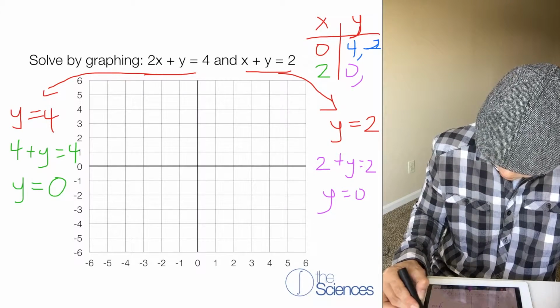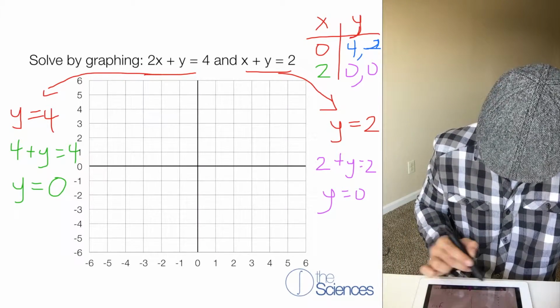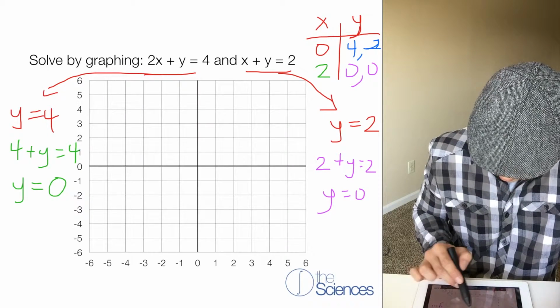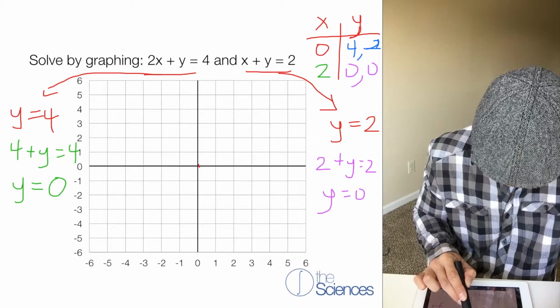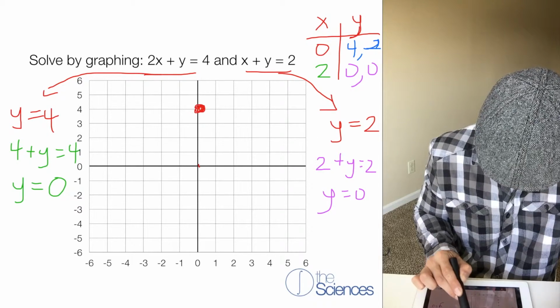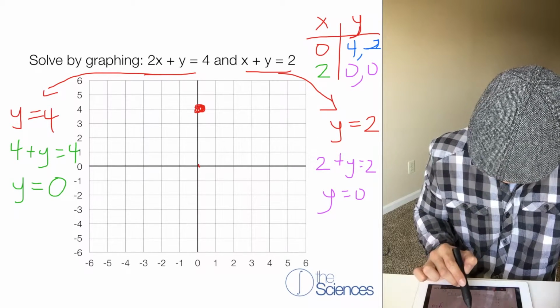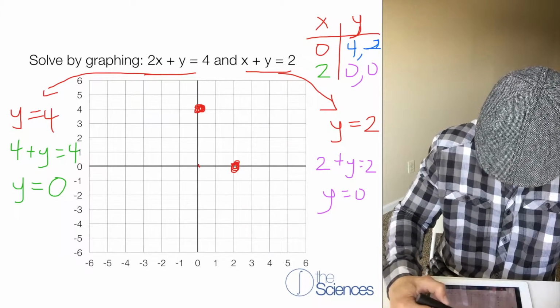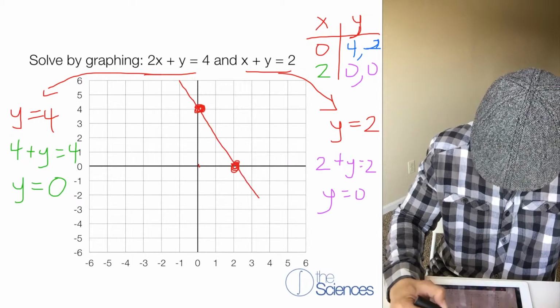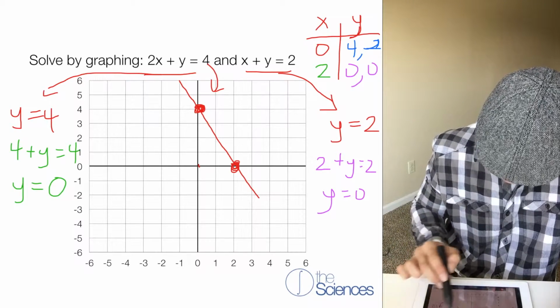So here, both points are (2, 0). Now we can graph this. When x is 0, y is 4, and then when x is 2, y is 0. So that's our line for this.